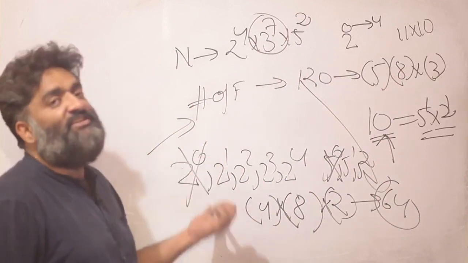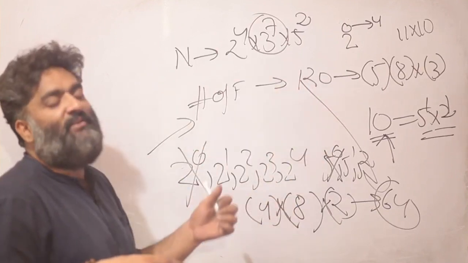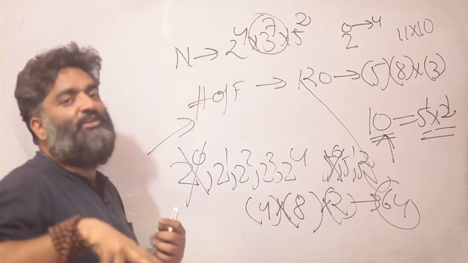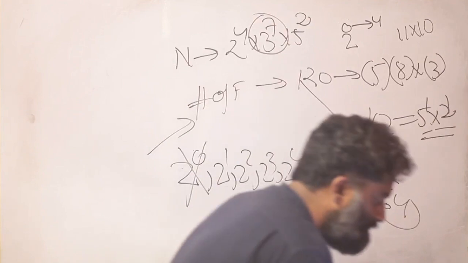Now, what if I change the question so that I need 2 zeros at the end? Out of these 120 factors, the factors that I want must have 2 zeros at the end, 2 or more maybe, let's say. So let's look at that.